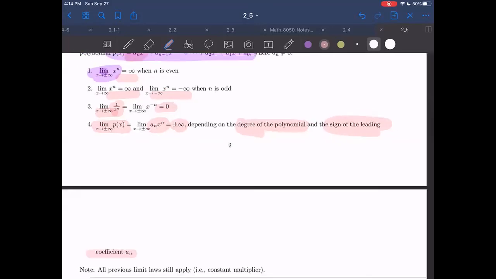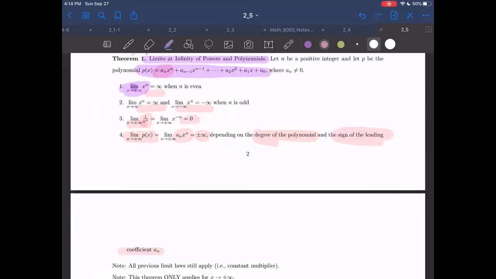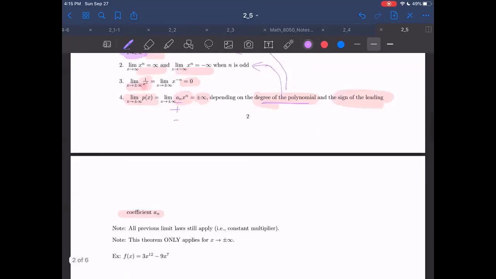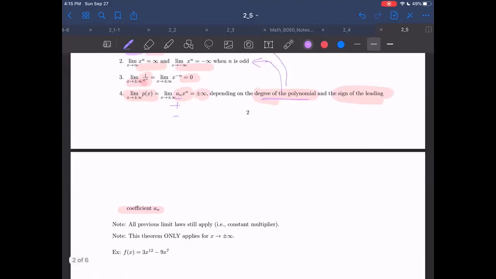So you treat the degree of the polynomial, that brings you to one of these two cases, and then your coefficient, this a to the n, will either be positive or negative. So you have to look at those things combined. Something to remember, all of our previous limit laws still apply, like the constant multiplier, and this theorem only works for when x approaches positive or negative infinity. Only works for those cases.